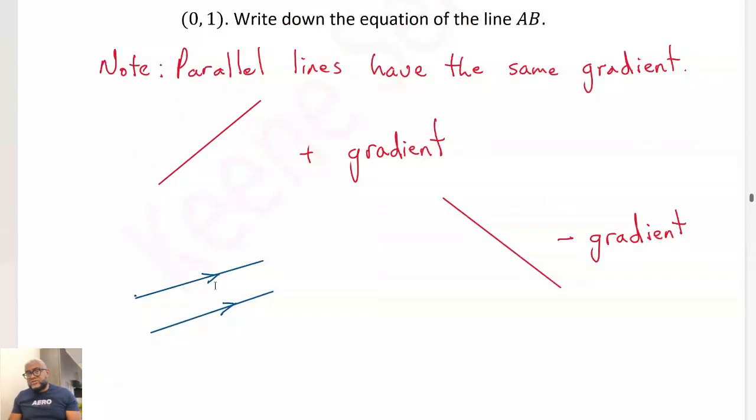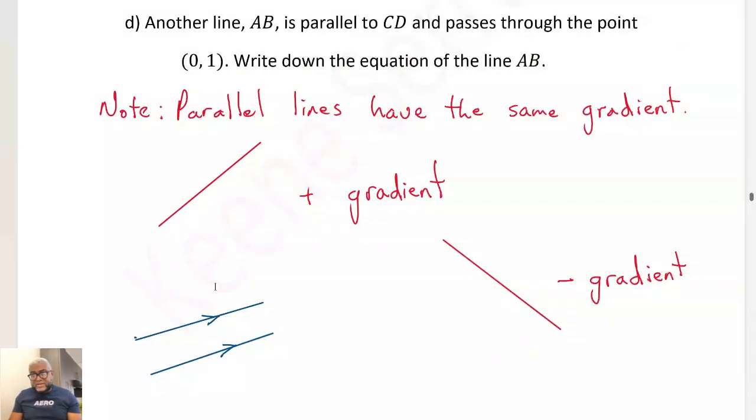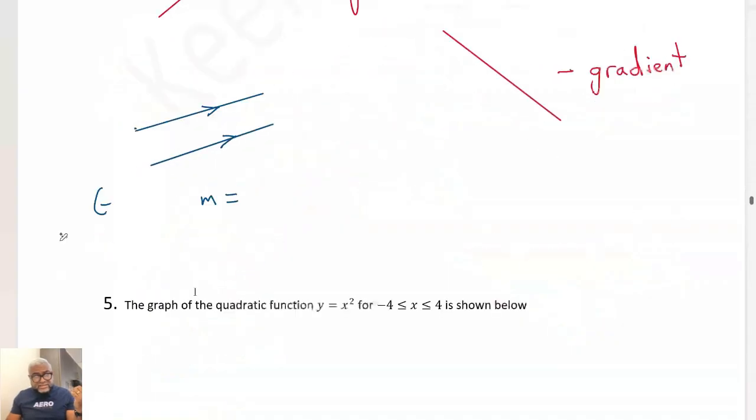Yes, sir. Right. So what was the gradient of the original line CD? Anybody answer? Negative 3. Right? So let me put here, gradient of CD was negative 3.